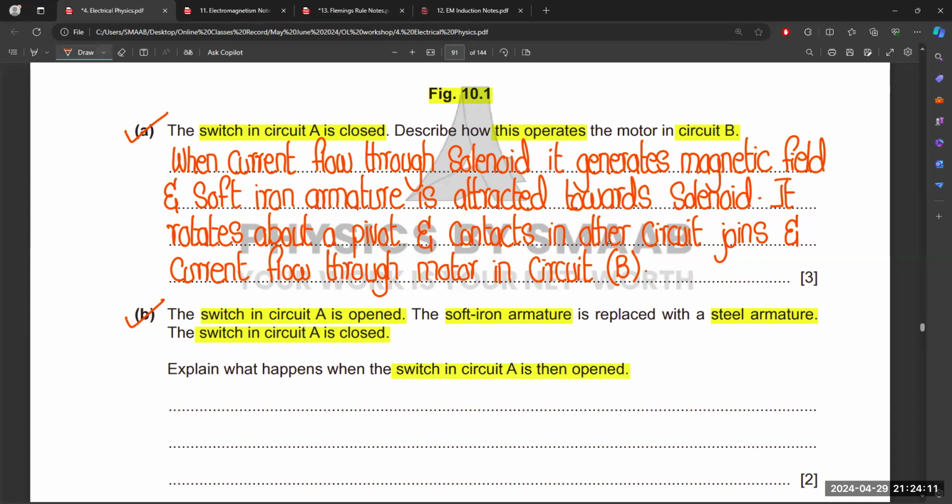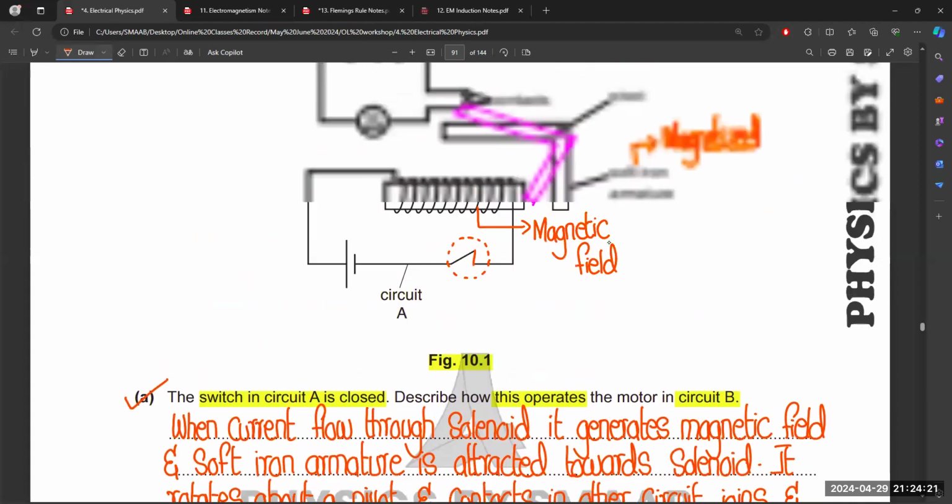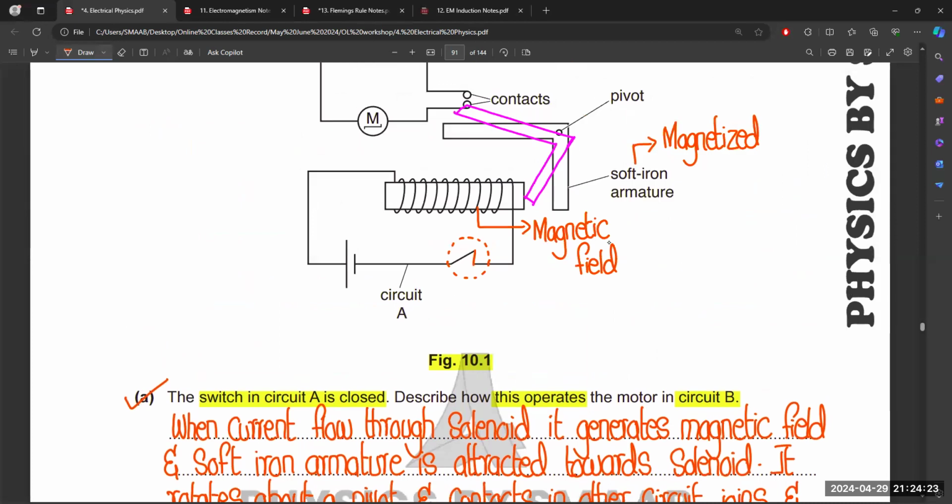So if we close the circuit and open the circuit, steel remains magnetized and the electric motor still continues to work, because the steel armature becomes permanently magnetized and it will remain in the same position, just like we draw in the diagram, right?